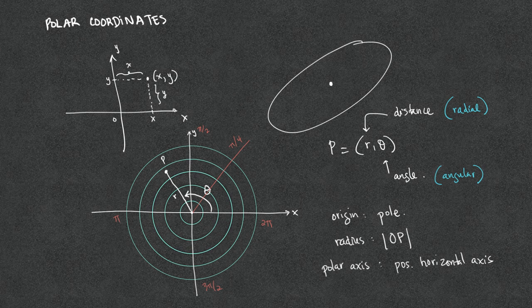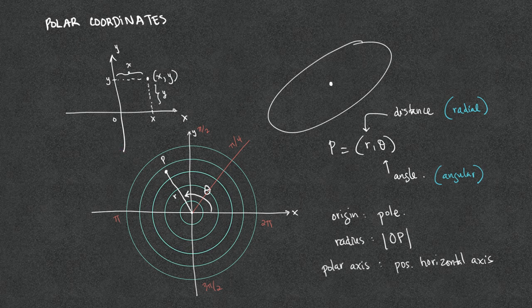These are the standard angles labeled in the counterclockwise orientation. The standard labels are usually 0, pi over 6, pi over 4, pi over 3, pi over 2, 2 pi over 3, 3 pi over 4, and so on.